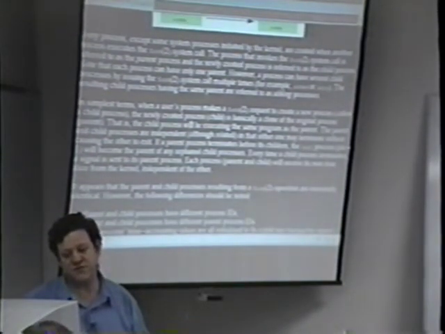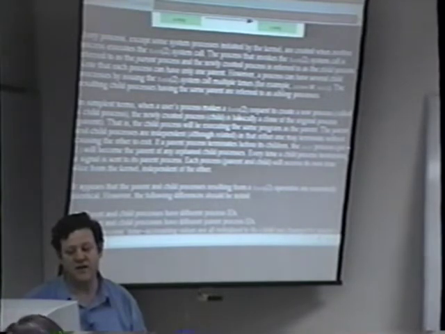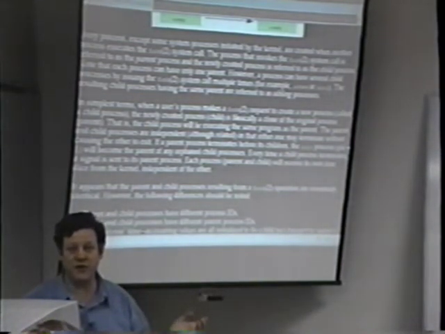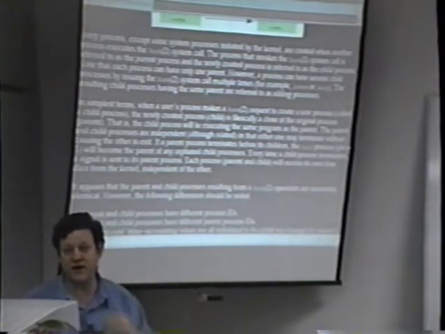So in simplest terms, a user process makes a fork request to create a new process called a child. The newly created child is basically a clone of the original parent. It has the exact same environment. Any files that were open in the parent are open in the child. The file descriptor table was copied with it and stuff like that.